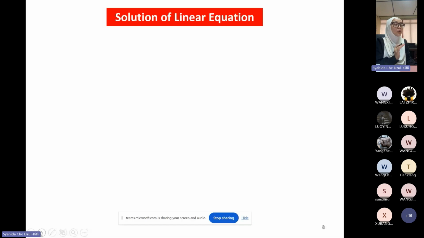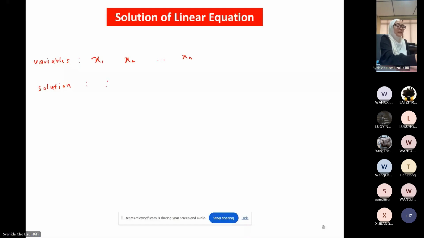If our linear equation consists of n number of variables, let's say x1, x2, up to xn are the variables, therefore the solution for the linear equation must be an n-tuple, let's say (a1, a2, up to an) in R to the power of n.